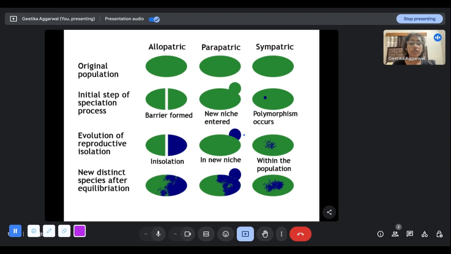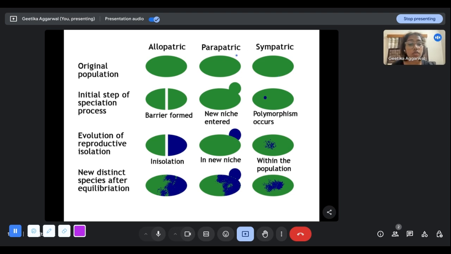And now, even if these individuals from the new niche come back to the original population, they will still be unable to interbreed with the individuals of the original population. So that is how parapatric speciation works: some individuals from the original population enter a new niche and develop certain traits that make them reproductively isolated from the original population.